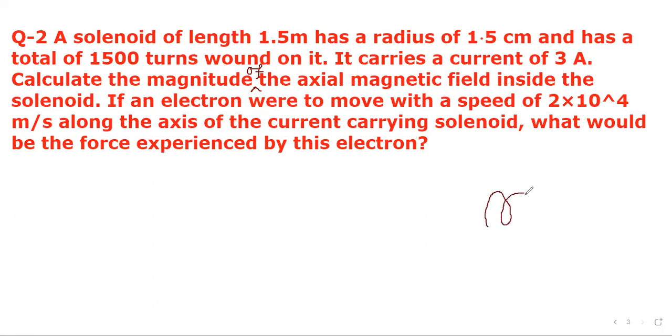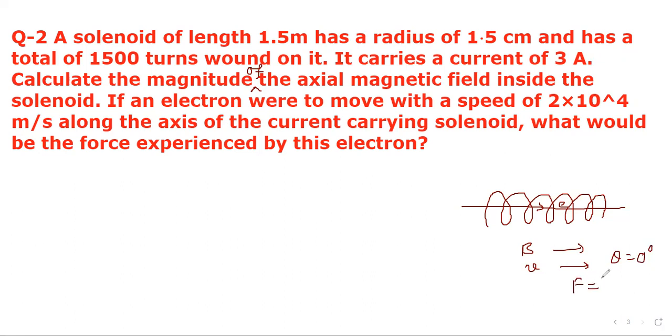Suppose this is the solenoid. So we have to find, this is the axis. An electron is moving along the same line. It means the magnetic field and the direction of motion of the electron are both parallel. Field is in this direction, velocity is in this direction, so theta will be 0 degree.